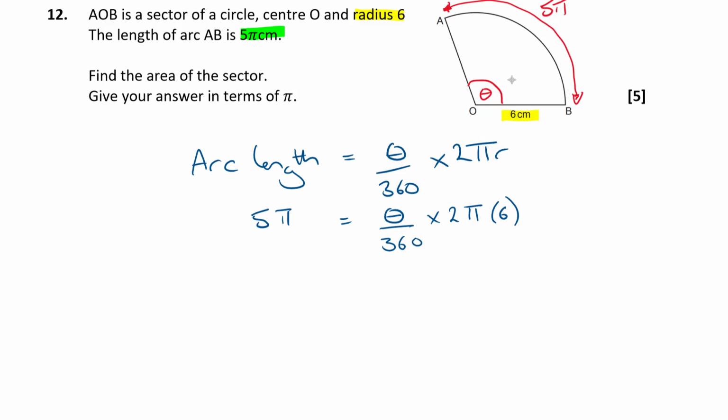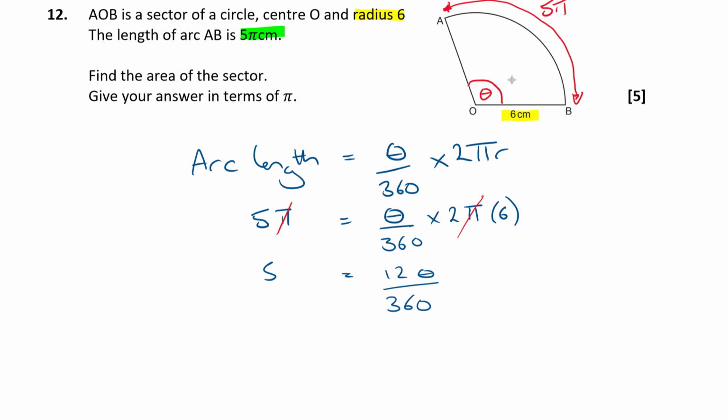Right, I've got pi on both sides. Let's cancel those out. So on the left hand side I've got 5, and on the right hand side I've got theta over 360 times 12. So let's just tidy that up. So 2 times 6 is 12, 12 theta over 360. Okay, now we want to get theta on its own, don't we?